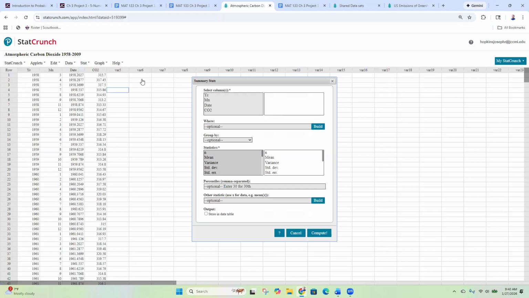Sal's asking, can it be any data set in StatCrunch? It needs to have a quantitative column with at least 50 numbers or so. All the data sets we've been using so far, like the superheroes, the Thanksgiving, and the wedding one, will all work.